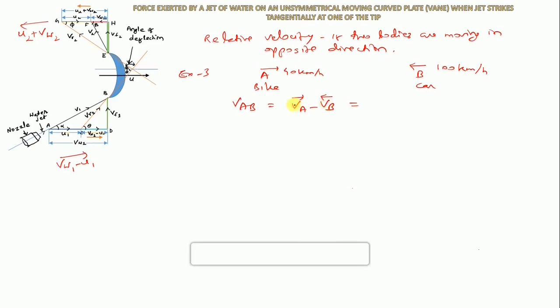When we calculate the difference between the velocity of A and the velocity of B, the direction of both objects should be in the same direction. As we are calculating the velocity of A with respect to B, we will not change the direction of A. For the minus, we will change the direction of the velocity of B, and after mentioning this negative symbol, that will be VA plus VB.